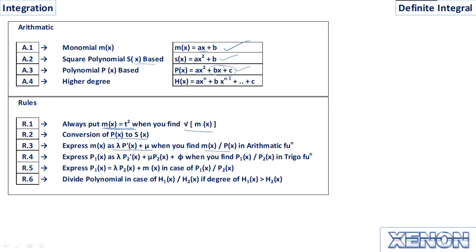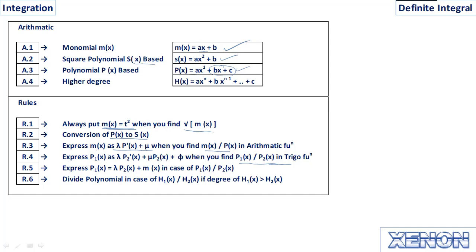Now, when we will be getting an integrand of the form p1(x) upon p2(x) in trigonometric function, then we will express p1(x) as lambda p2 dash x plus mu p2(x) plus phi, where p2 dash x is the differentiation of function p2(x) with respect to x, and lambda, mu and phi are some constants, right?